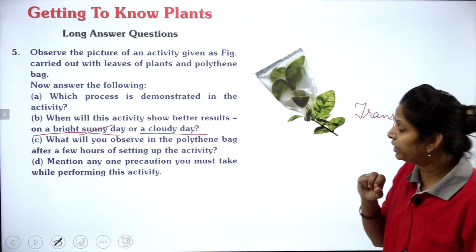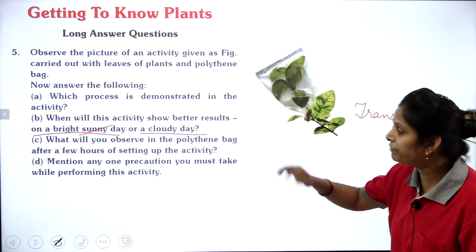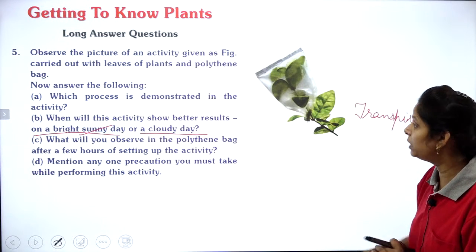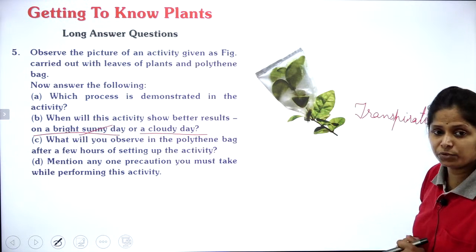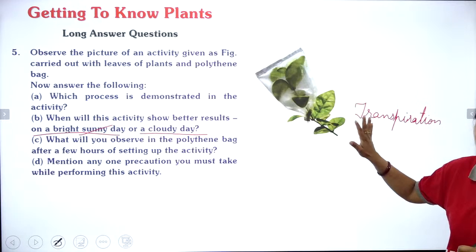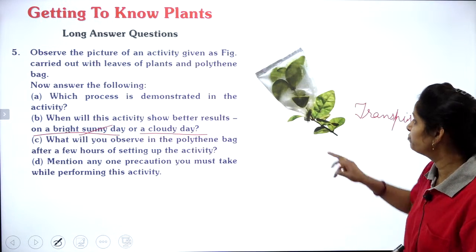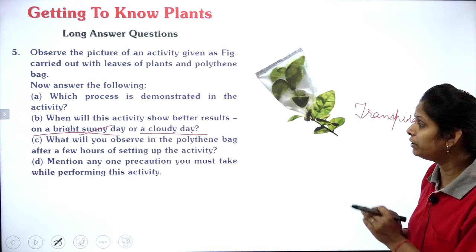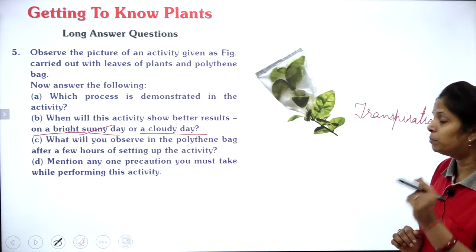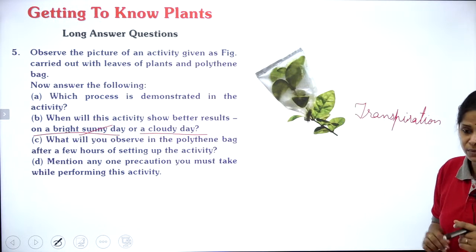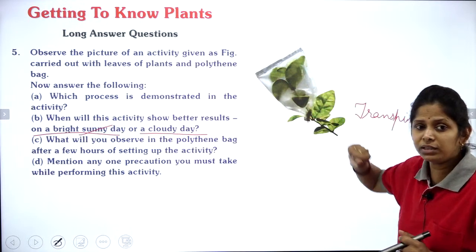Okay. Then after, what will you observe in the polythene bag after a few hours of setting up this activity? When you are setting up this activity, what you have to do is just leave it for a few hours. But after a few hours, what are you observing in this polythene bag? We will observe small droplets appear on the inner surface of the polythene bag.